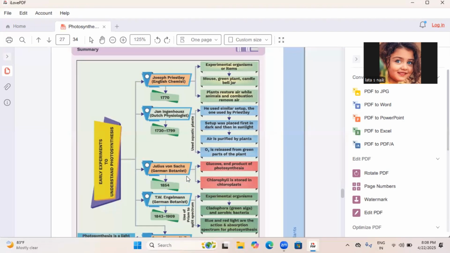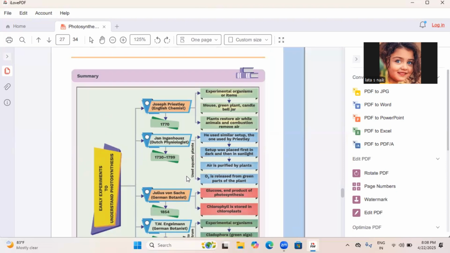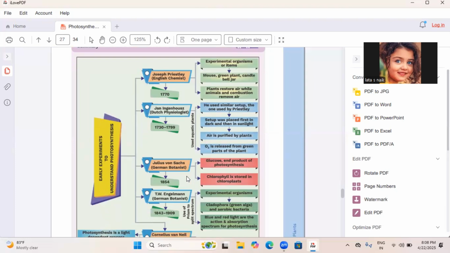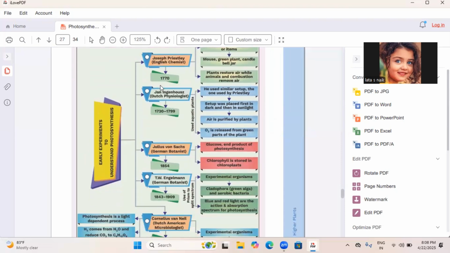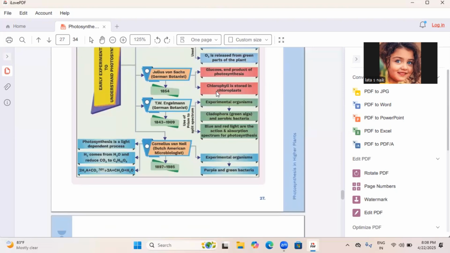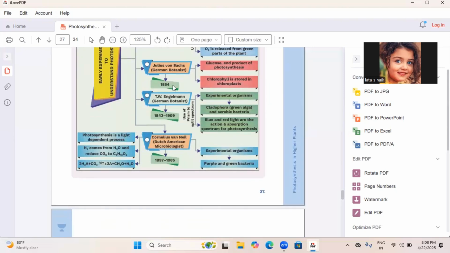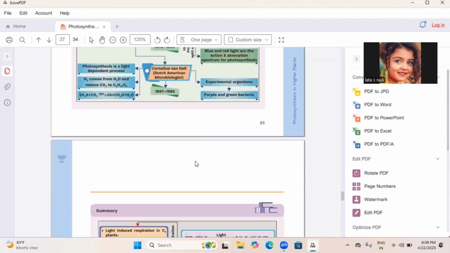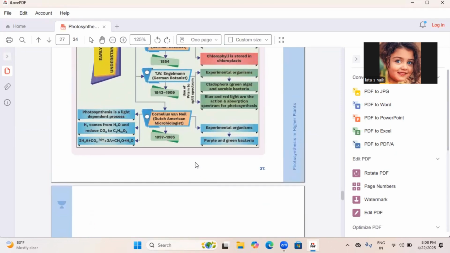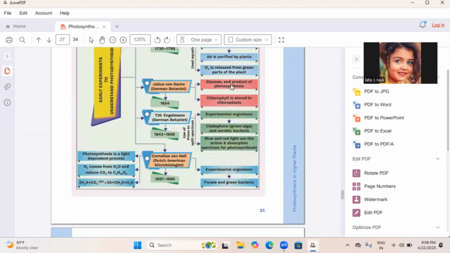So this is the summarized graphical representation to understand photosynthesis. The different experiments conducted by various scientists. Then photolysis of water conducted in different plants, cyanobacteria, lower plants, higher plants.